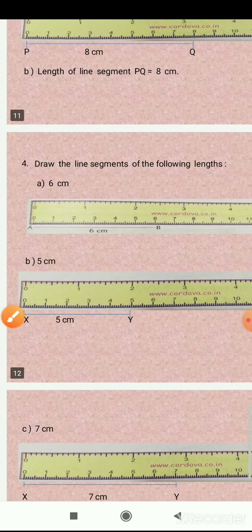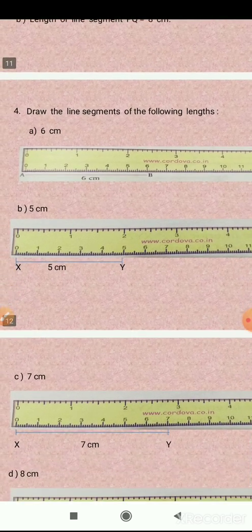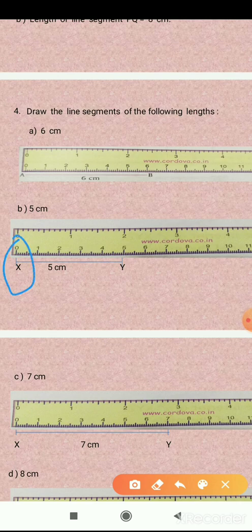Okay, next we have to draw a line segment of length 5 centimeter. So for that also we have to mark a point X as the beginning of the line segment and put the 0 mark of the ruler at point X. Then mark another point Y against the 5 centimeter mark of the ruler.